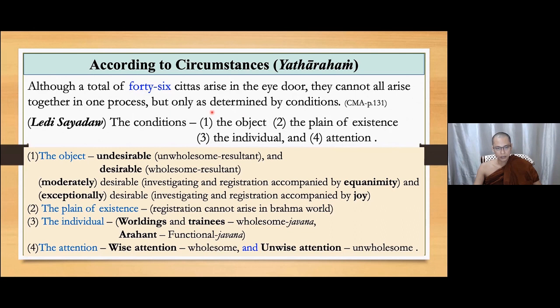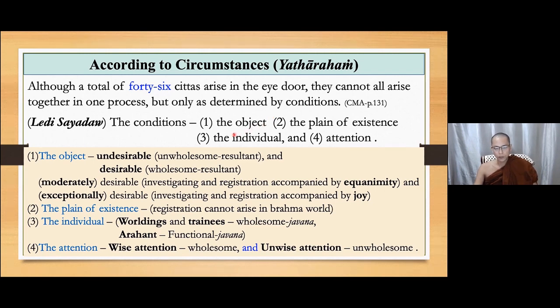So at a time, only the one determined by the condition can arise. The condition is explained in the Paramatthadipani. There are 4 conditions to determine which consciousness should be in the process, because the 46 cannot arise at the same time, especially the wholesome resultant and unwholesome resultant, which cannot arise together in one moment.